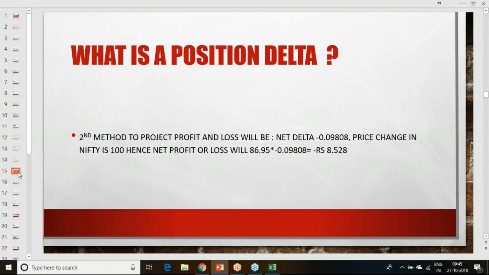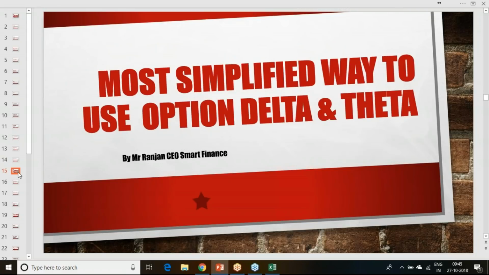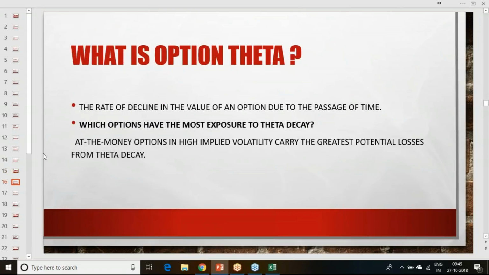Now we have to go for theta. Here it says theta is the rate of decline in the value of the option due to passage of time. Decline in the value of the option premium due to passage of time. Which option has the most exposure to theta decay?